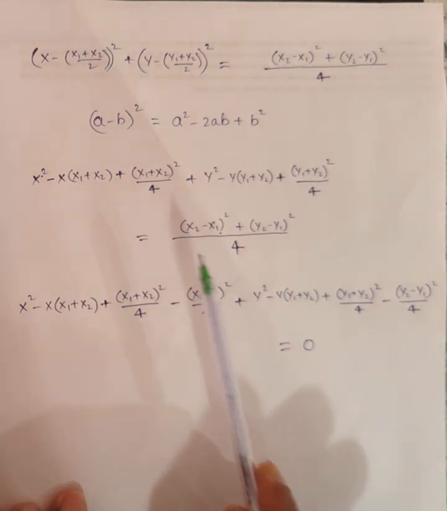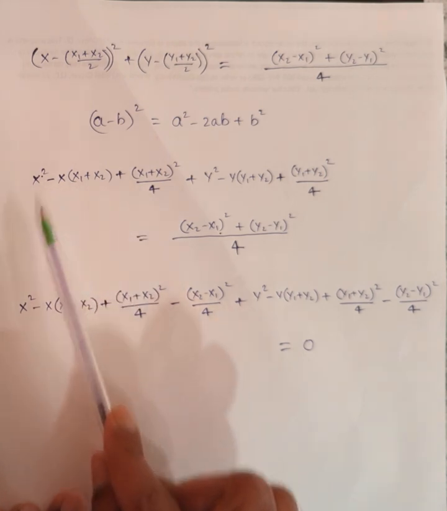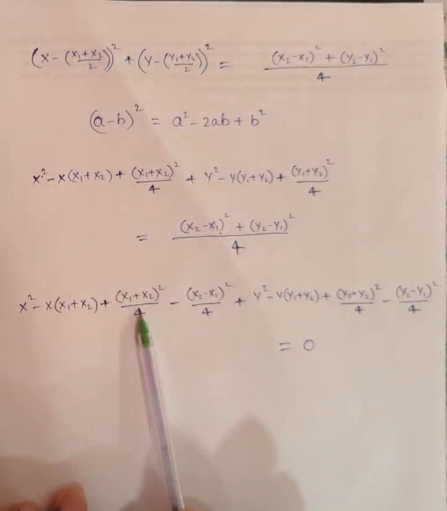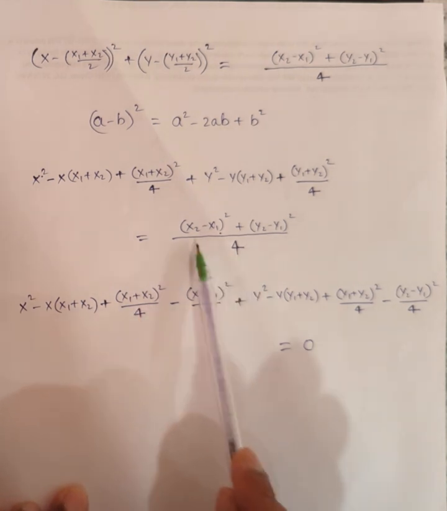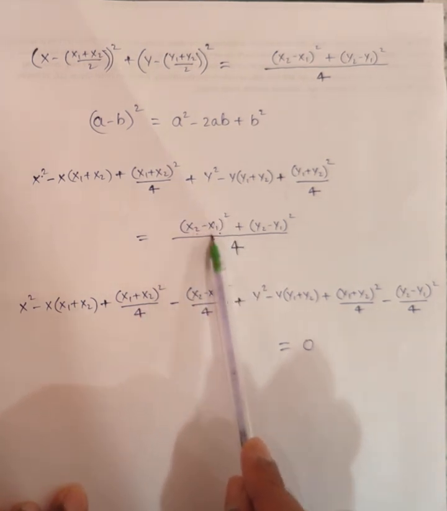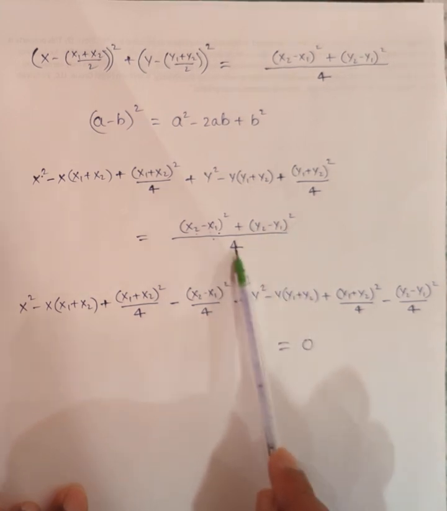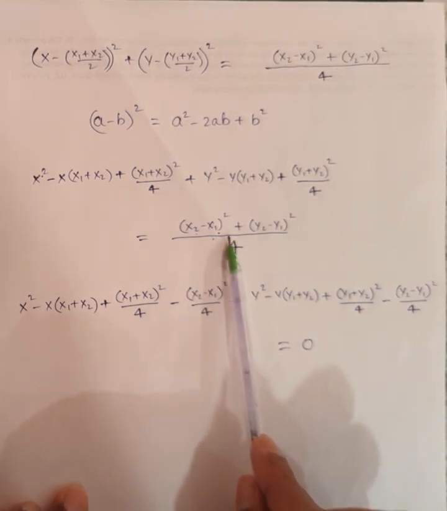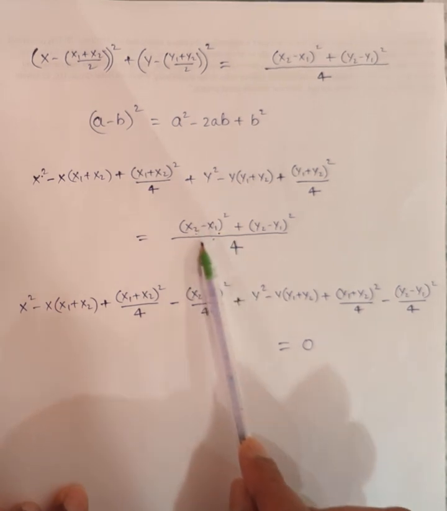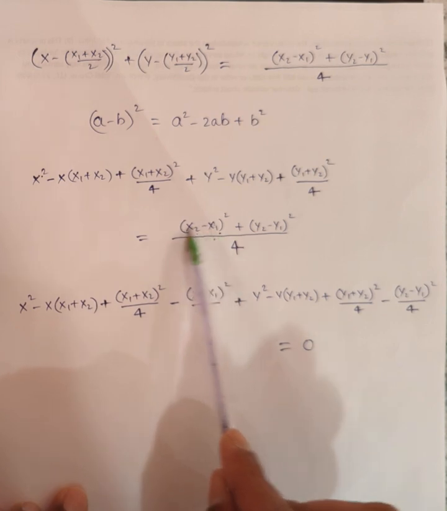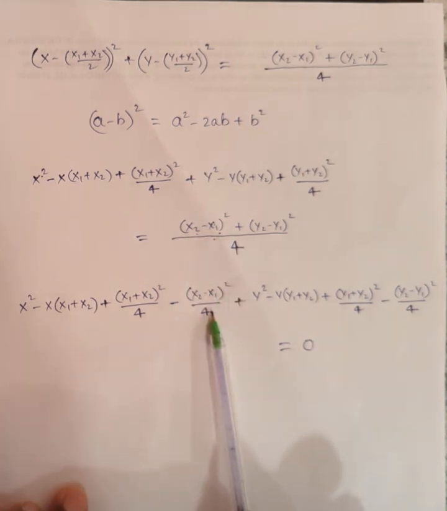If there was any confusion, I would like to clear it up. What I did is I copied these three terms first, and I split this as (x2 minus x1) squared over 4 plus (y2 minus y1) squared over 4, and then I subtracted this on both sides. So that's how I got minus (x2 minus x1) squared over 4.